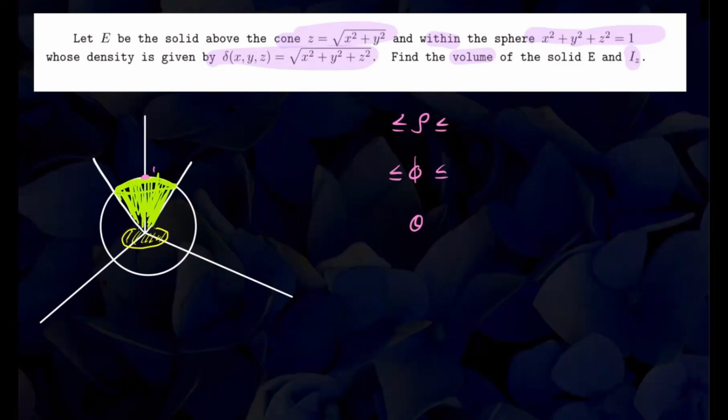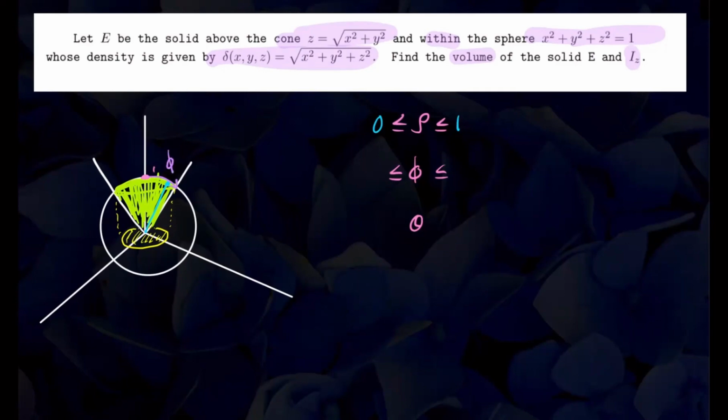Now if you set up the bounds on rho, rho is the distance, as we said, from the origin to the solid, so right here. We know the equation of the sphere is rho equals 1, so rho will be from 0 to 1. Phi is the angle from the z-axis to the cone, so phi will be this angle right here.